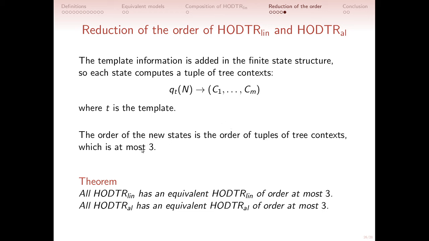We use continuation passing in order to emulate tuples. This means that we can reduce the order, and this is a crucial part of the proof that our models are equivalent to MSOT transducers.